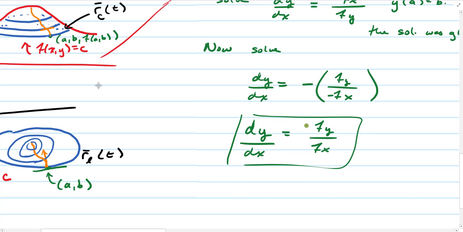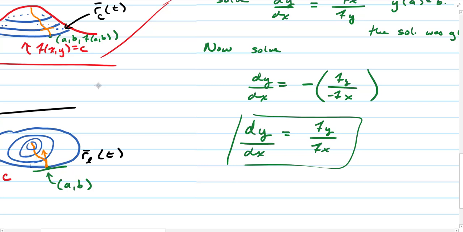You can worry about adjusting the minus signs to decide whether it's ascent or descent, but in my opinion, it's easier to just compute this curve and then make sure that when you give the parameterization, you're heading in the direction you want, ascent or descent, based on checking the gradient vector at one point.